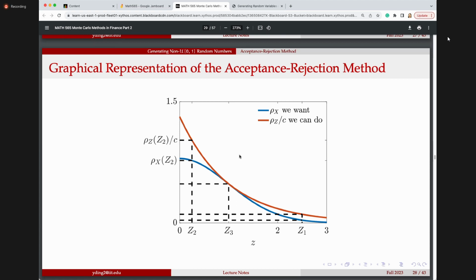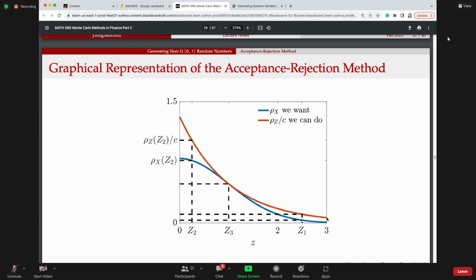Why we want to make it a little bit larger is we try to put that above the density function of rho of X. And we hope it will have some intersection where the ratio is 1. Okay, so this is the density function of rho Z over C, and this is the density function of rho of X.